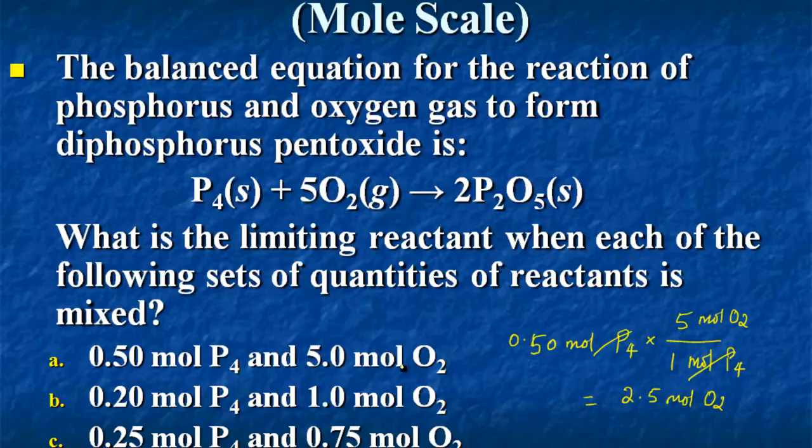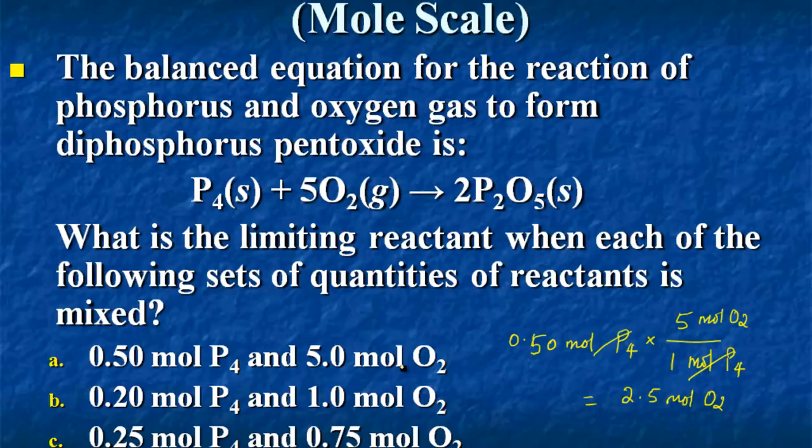Oxygen is present in excess. You need only 2.5 moles, but there are 5 moles. That means that is in excess. Right? So if oxygen is in excess, then the other reactant has to be the limiting reactant, which is P4.